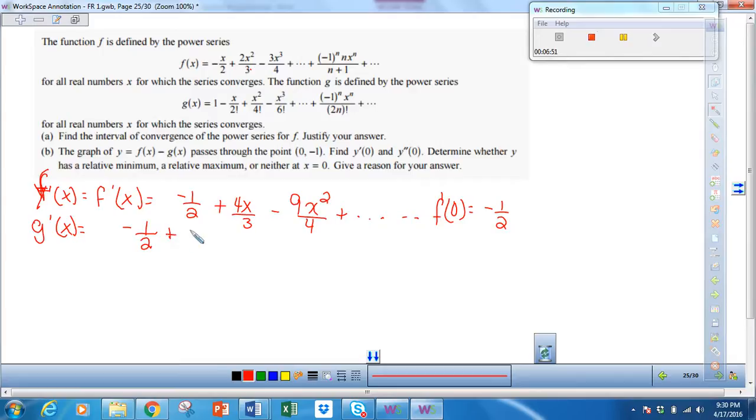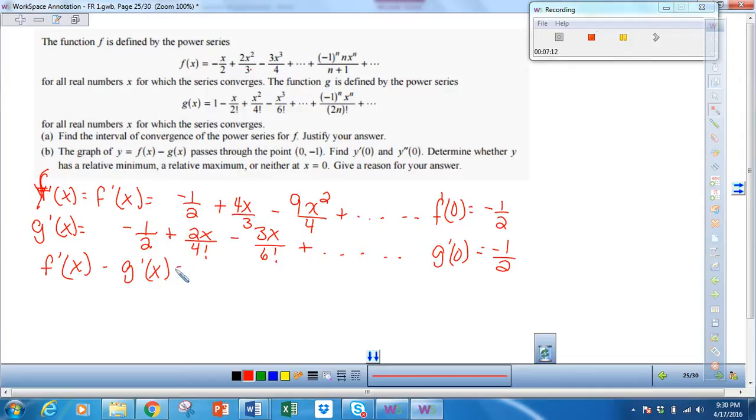And this would be 2x over 4 factorial minus 3x over 6 factorial, so on and so forth, so that g prime of 0 is also negative 1/2. So f prime of x minus g prime of x is equal to 0.